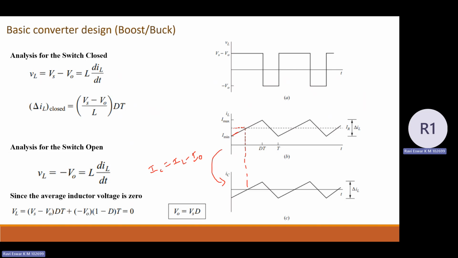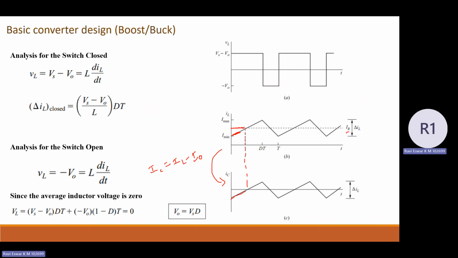I naught is given by the average output current, that is IR. You can write it as IR or I naught. So the output current I naught is greater than IL at this instant, and that is why the capacitor current is in the negative direction.